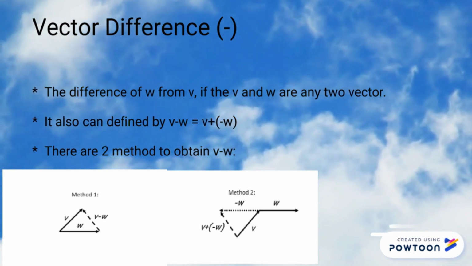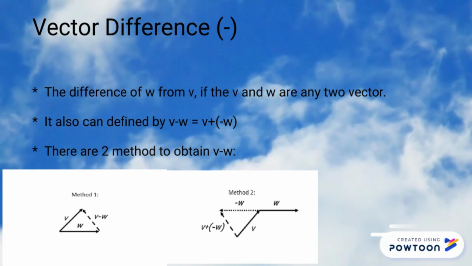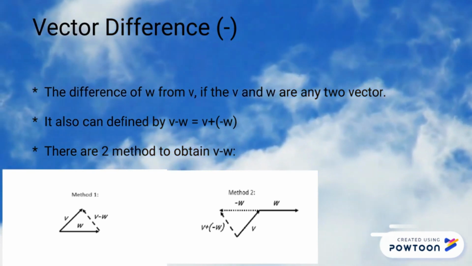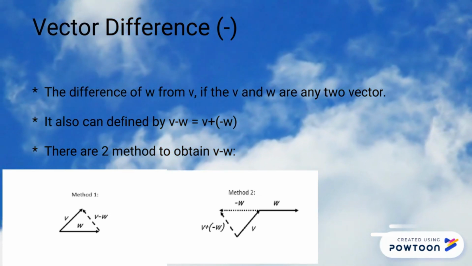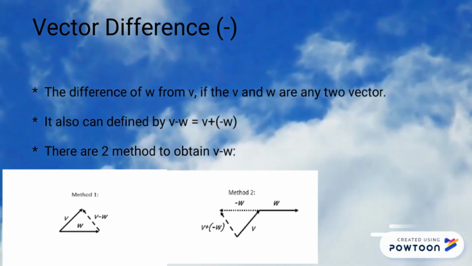There are two methods to obtain v subtract w. Method 1 shows v, w, v subtract w. And then method 2 shows v, minus w, and v plus bracket minus w.